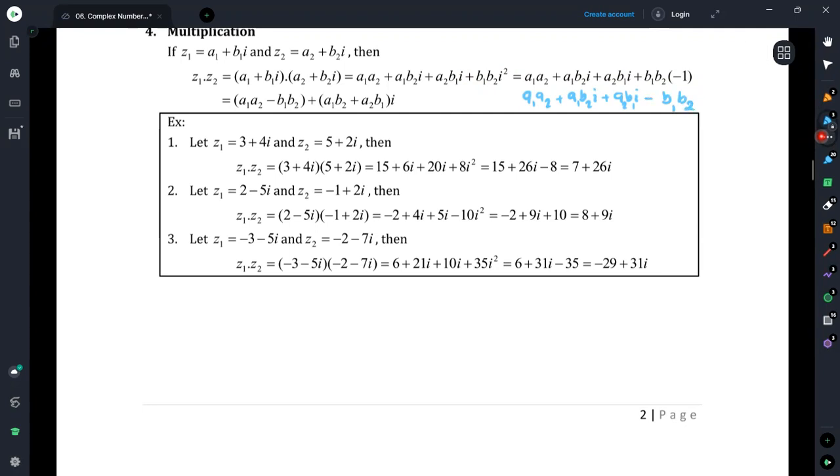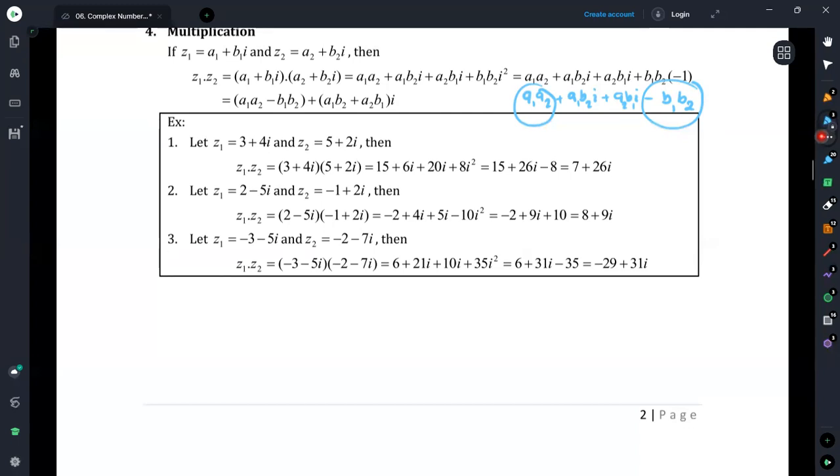Now you can see that these two terms are the terms with the real part, because there is no association with the letter i. Then we can take both of these into a single bracket.